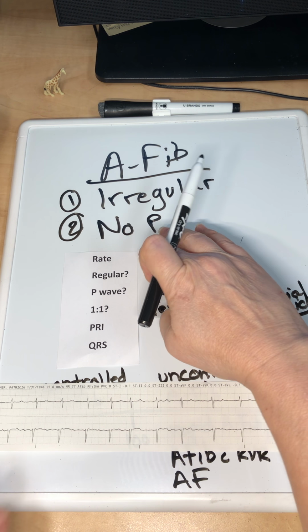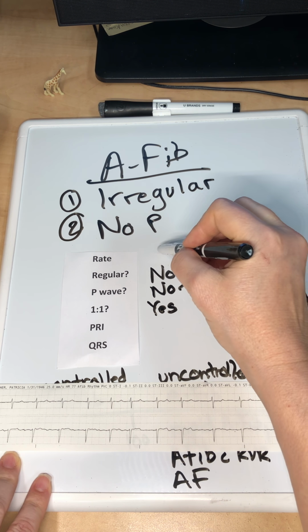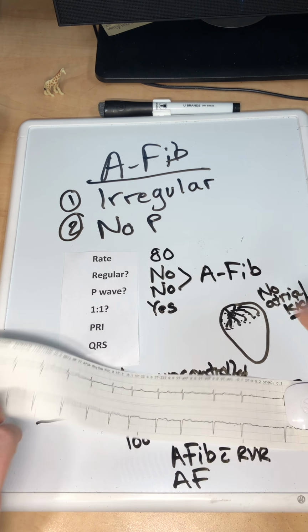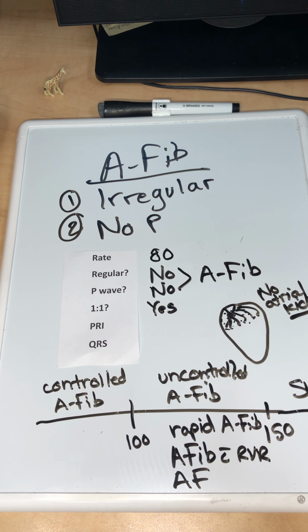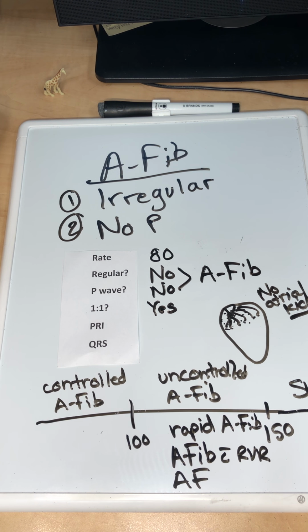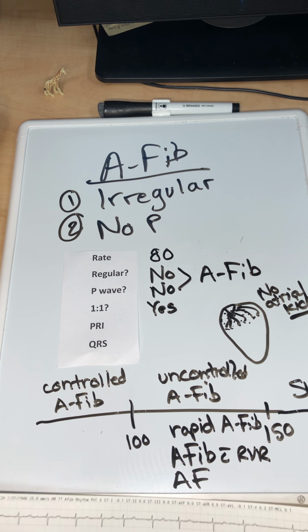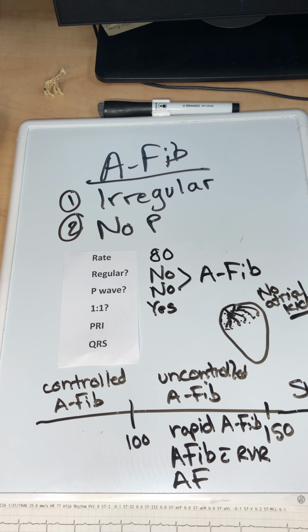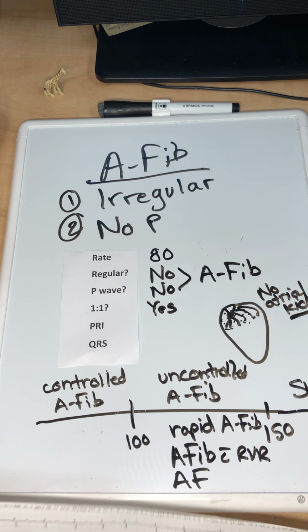Oh, well, at least it's rate controlled. So we would call that controlled AFib. But do we want our patient to be in AFib? If they have previously been in sinus recently, no, we don't want them to be in AFib because we want them to have a good atrial kick and have the SA node in charge, large and in charge.